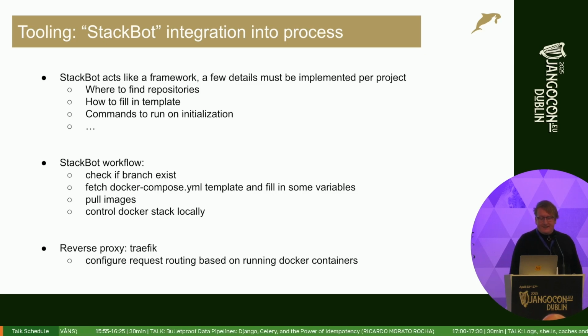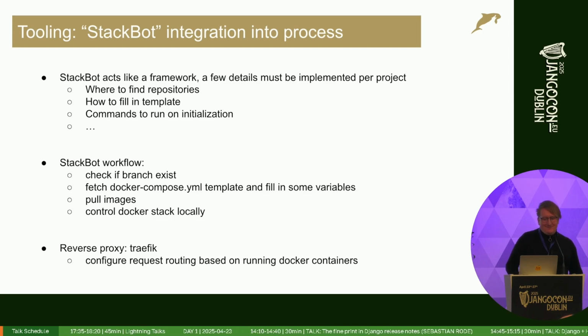And it then has a workflow where it checks if the branch exists. If there's multiple repositories, it needs to check on each repository and then select either the default or the specialized repository for each branch. It needs then to fetch a Docker Compose.yaml template and fill in some variables that are specific for the review app.